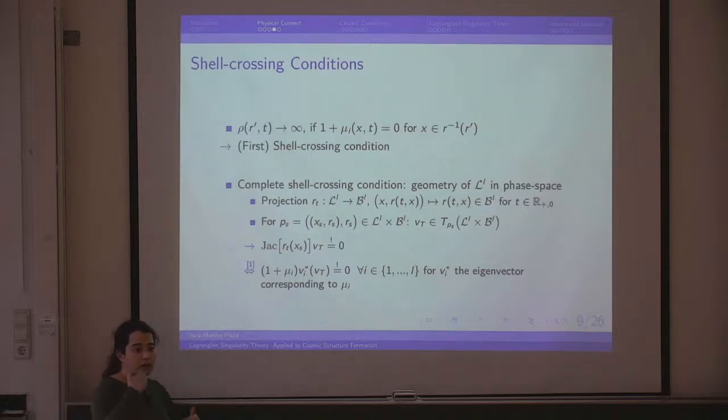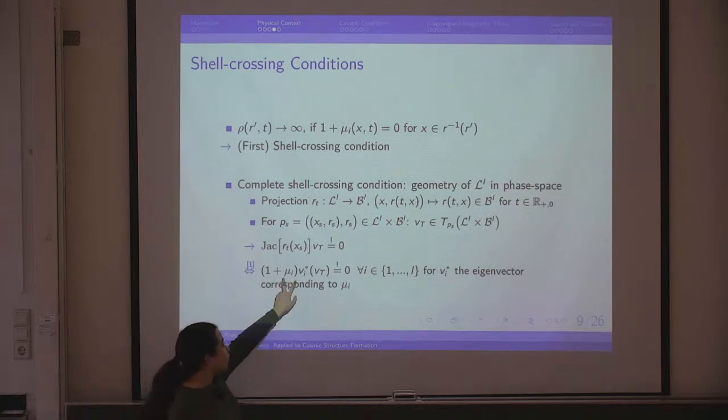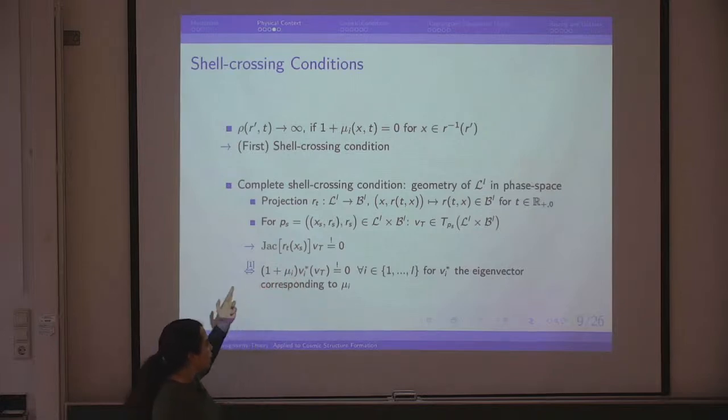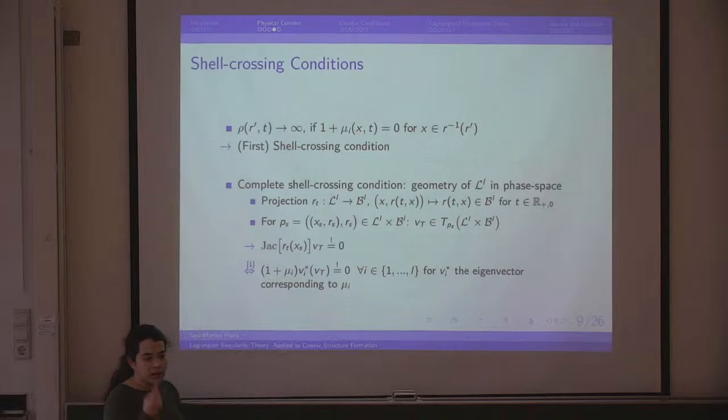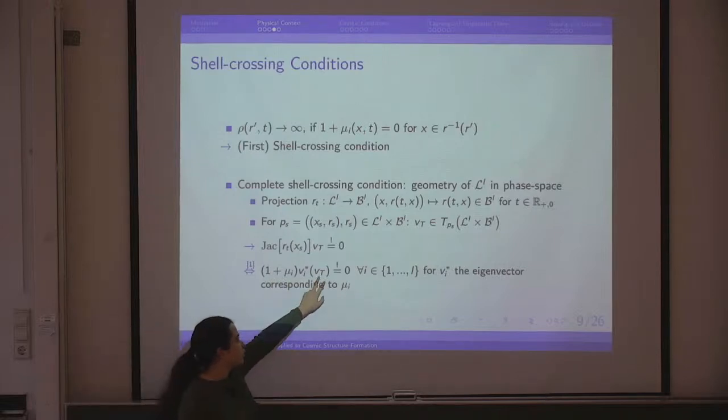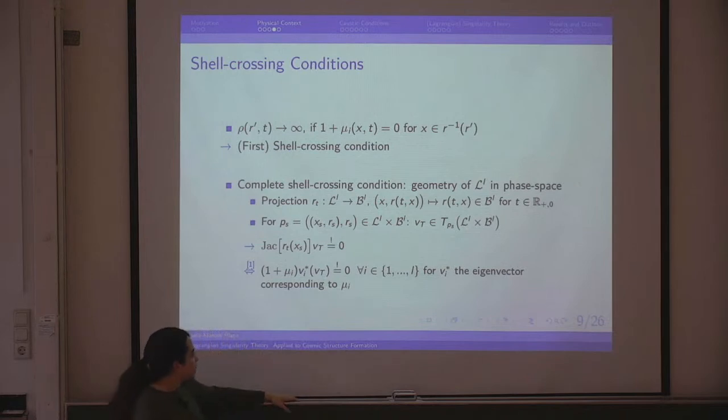But actually, for a real shell crossing to occur, we need this equation to hold for all of the eigenvalues. And indeed, for this, we don't need this to vanish. We will see that for a caustic to occur, it has to happen for at least 1, because otherwise this vector cannot be non-trivial. But yeah, essentially, this is a general shell crossing condition.